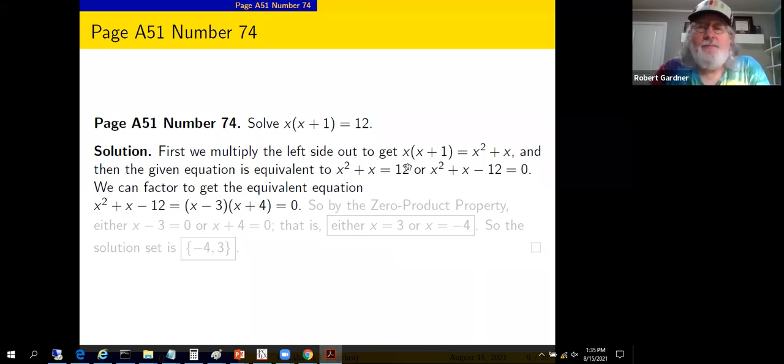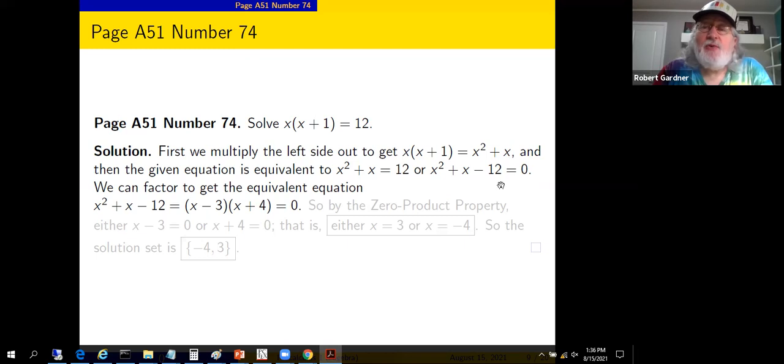So let's multiply the left side out, x times x plus 1, distribute: x squared plus x. So the given equation is equivalent to x squared plus x equals 12, or let's put it in standard form, x squared plus x minus 12 equals 0. Take the 12 to the other side, change its sign, or subtract 12 from both sides. We want to solve this.